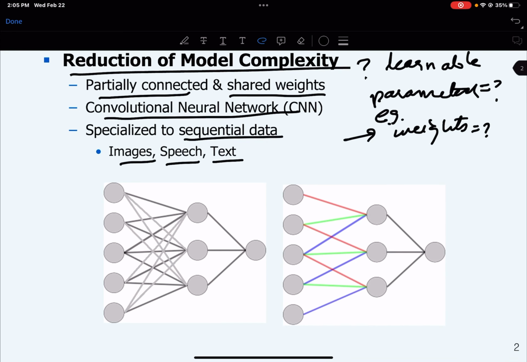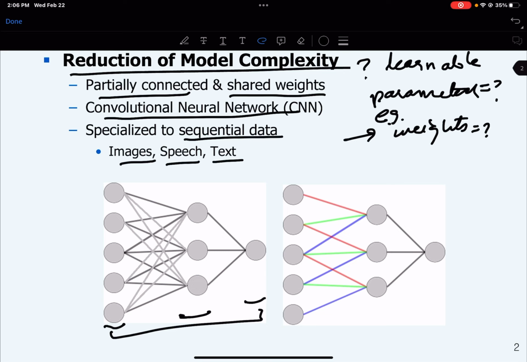So here we have shown a neural network architecture where we have a connection from the first layer to the second layer, hidden layer, and then we have the output layer.